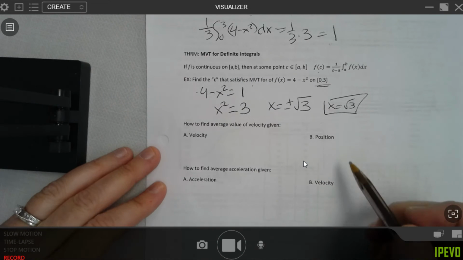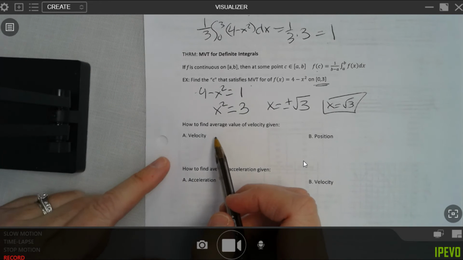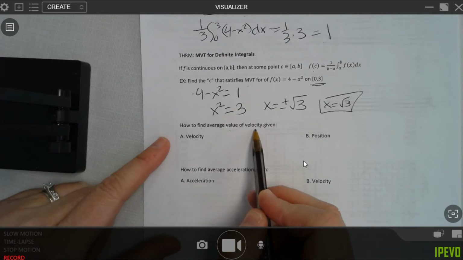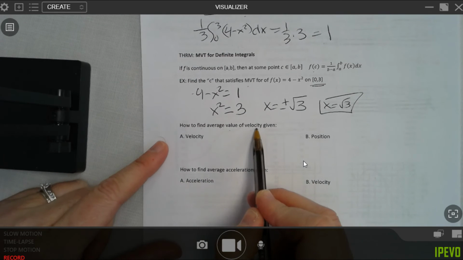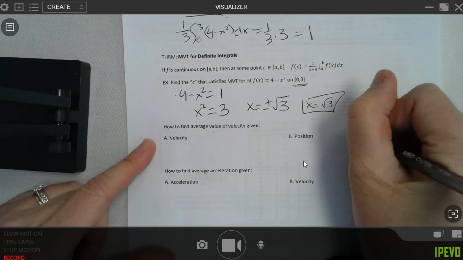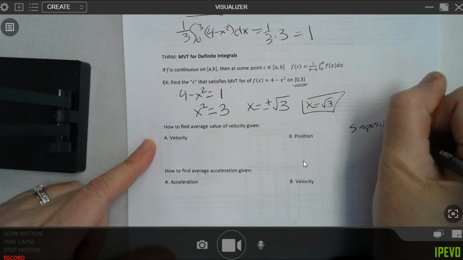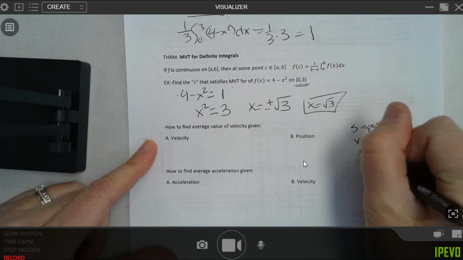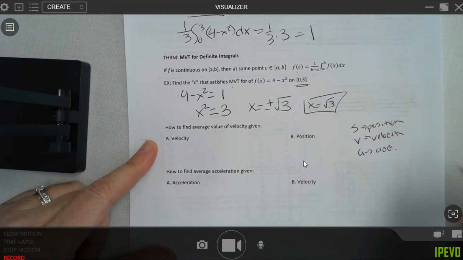Down here, I just wanted to make sure that we could relate what average value means and how we find them. So if I want to find the average velocity, and a few things: S stands for position, V we use for velocity, and A we use for acceleration.